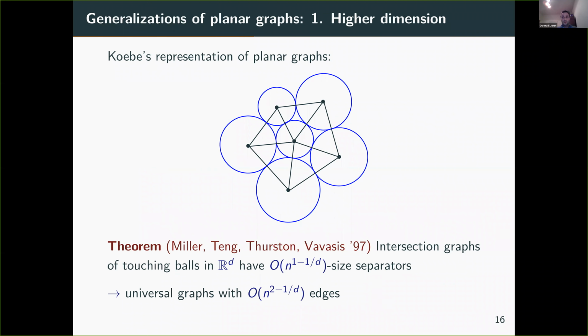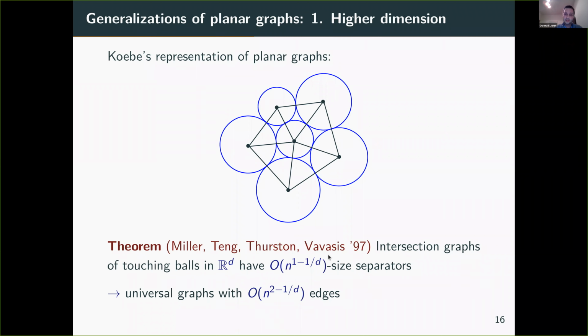So one way to generalize planar graphs is to look at the so-called kissing coin representation of planar graphs. And then you can look more generally at intersection graphs of touching balls in R^d, right? So the vertices correspond to balls. Every two balls are either disjoint or they touch. And a very nice theorem of Miller, Teng, Thurston, and Vavasis is that these graphs have strongly sublinear separators. They have separators of size n to the 1 minus 1 over d.